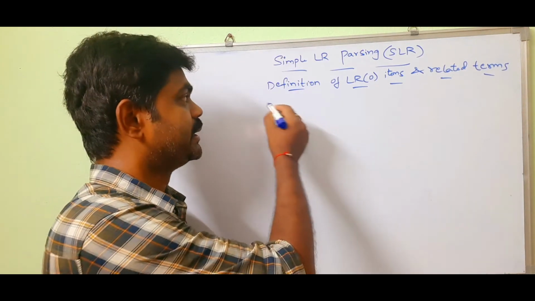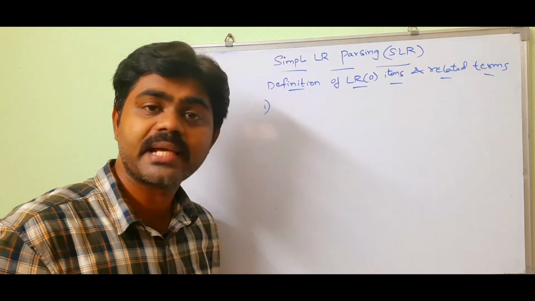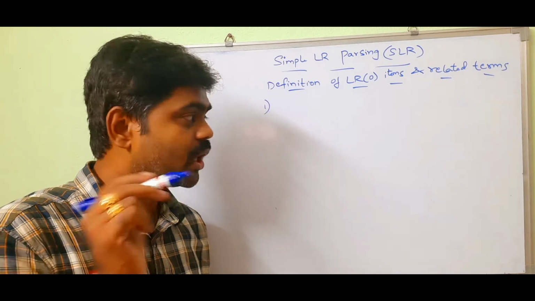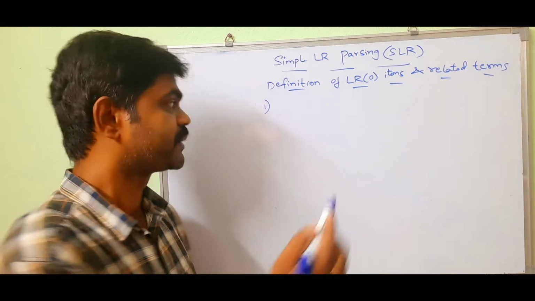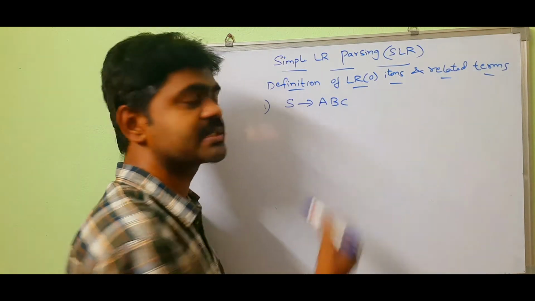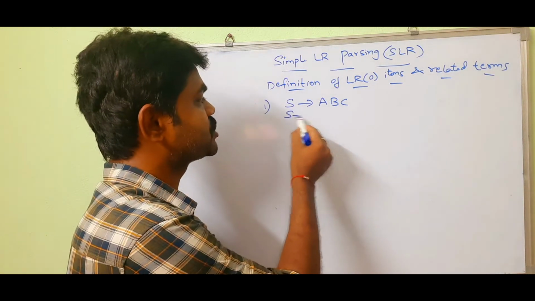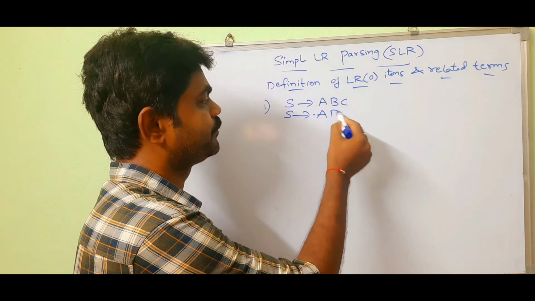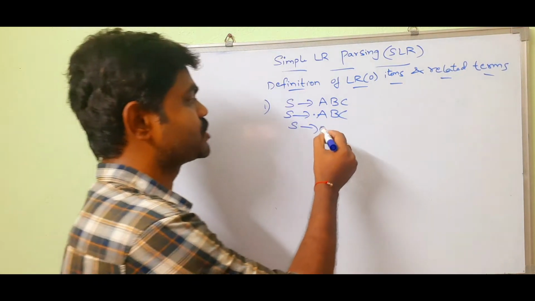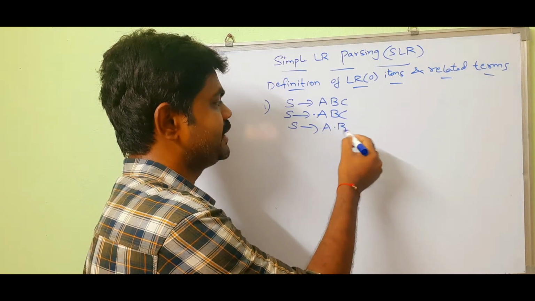First one, the definition of LR(0) items. If you take any grammar S tends to ABC, this is how the dot moves its position. First it will be S tends to dot ABC. Next the dot is moved after A: S tends to A dot BC.